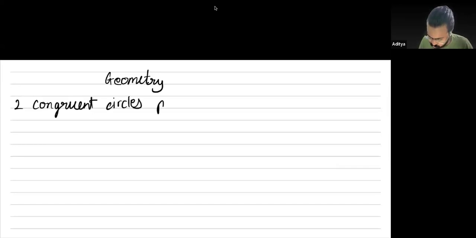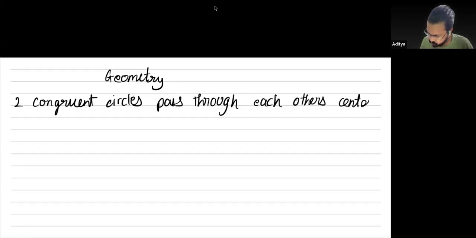Try this question out. Two congruent circles pass through each other's centers. Find angle CED from the figure.